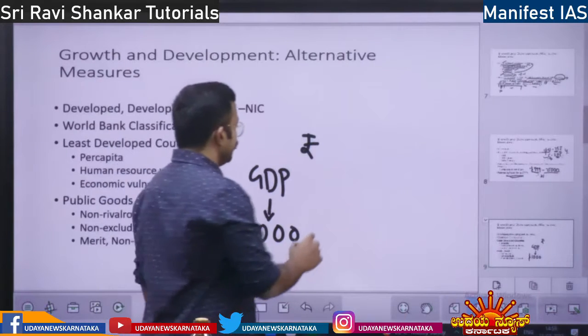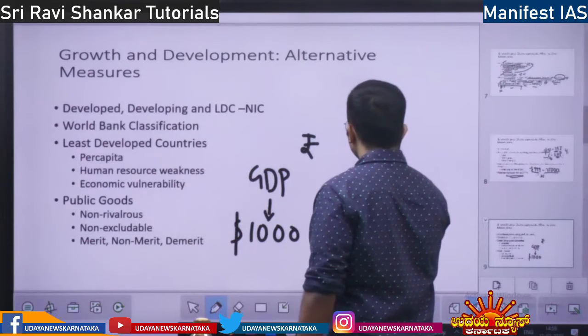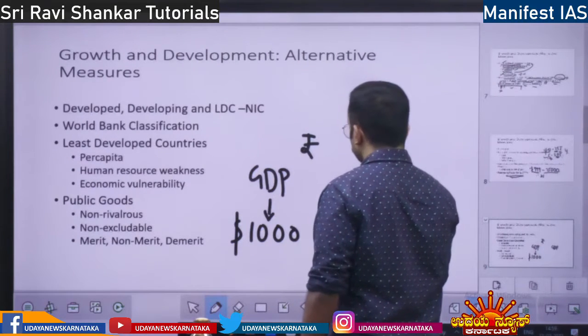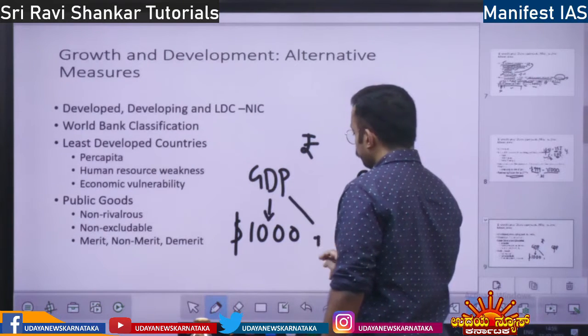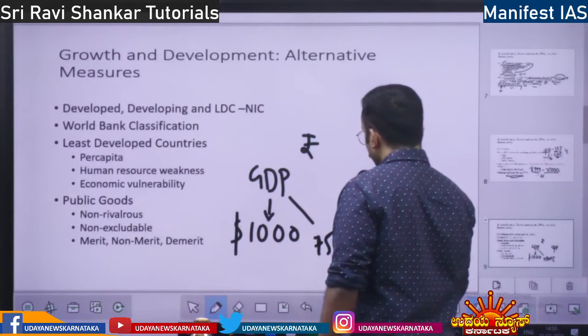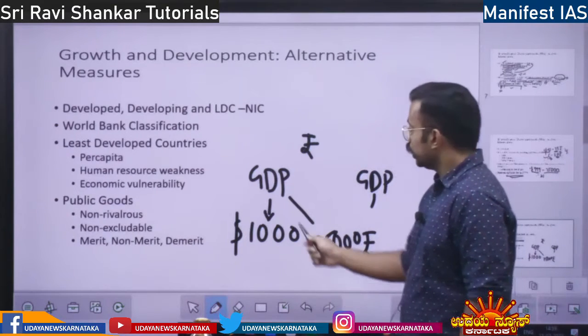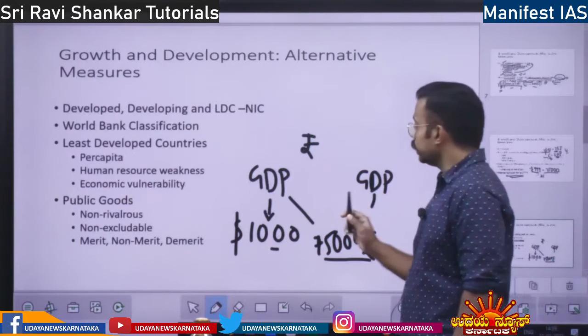Right? So in India, the GDP comes to how much? The US GDP in Indian rupee terms is 75,000 rupees, right?